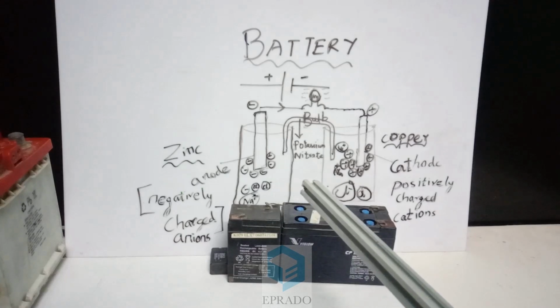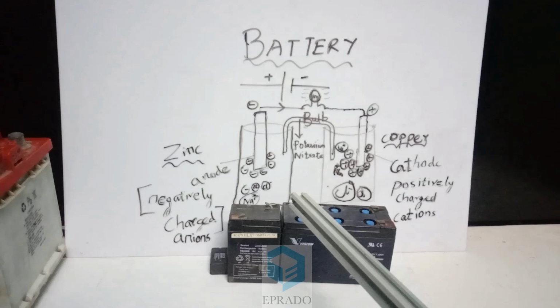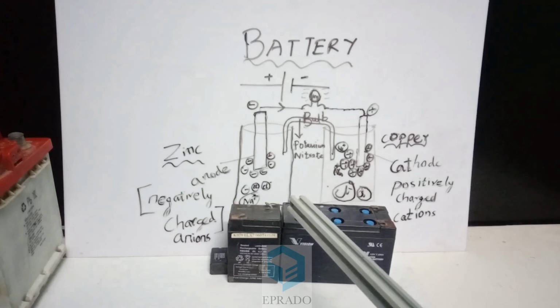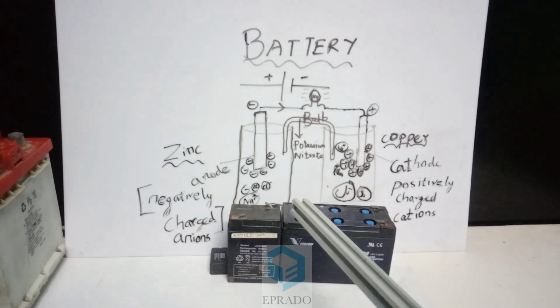So energy cannot be generated, but it can be transferred from one form to another form by some process. So we have now converted chemical energy into electrical energy through this chemical process.